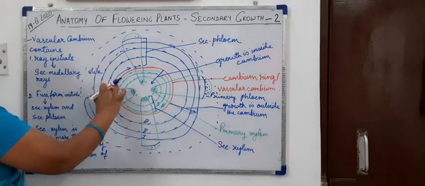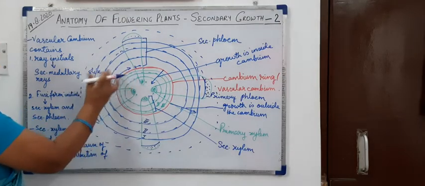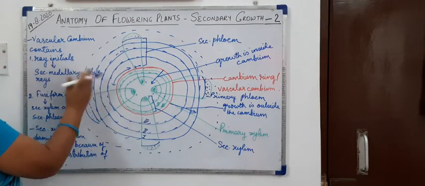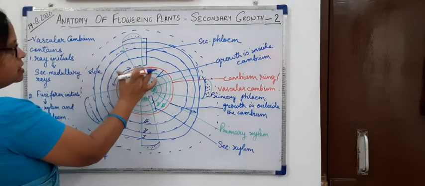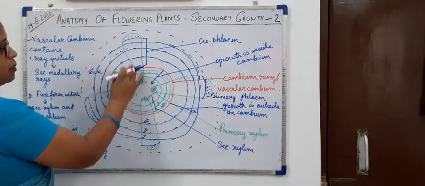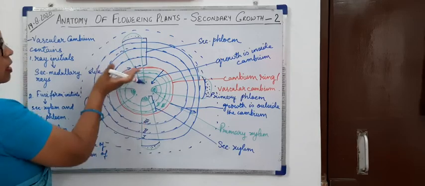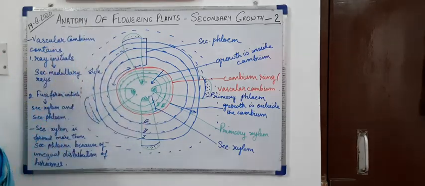So these cells which will be dividing, they will be forming the medullary ray cells, and these cells when they divide, they will be forming either xylem or phloem. So this is how secondary growth takes place, and now we will be studying about the annual rings.